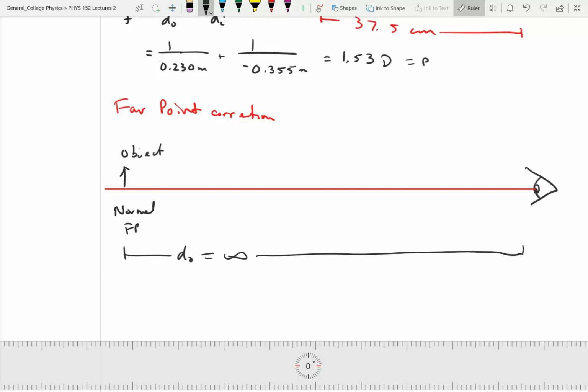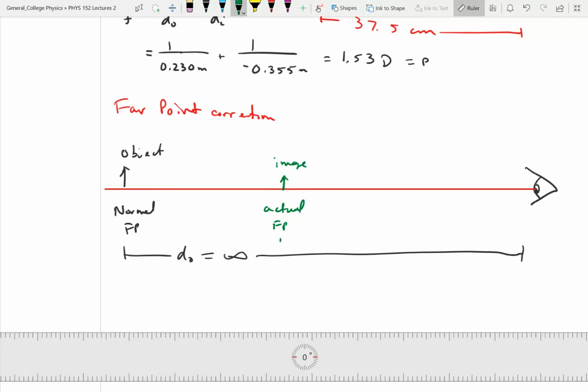Now, once again, somebody might say, hold on, not so fast. Well, infinity plus or minus 2 centimeters is still infinity, so it doesn't matter. It's going to make an image at the actual far point, and so this distance here is 66.6 centimeters.